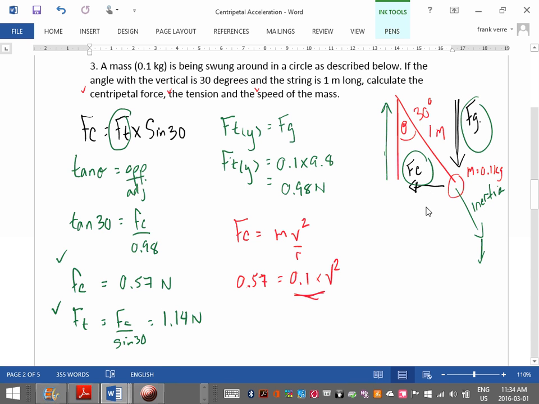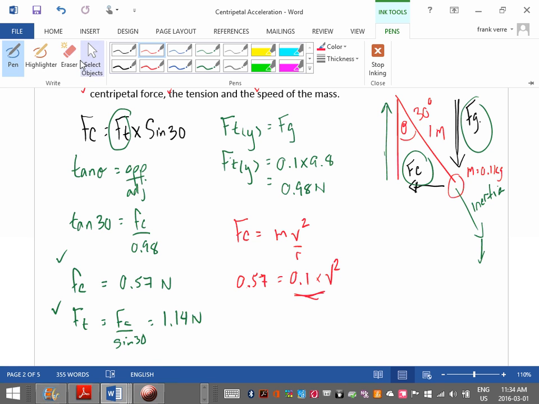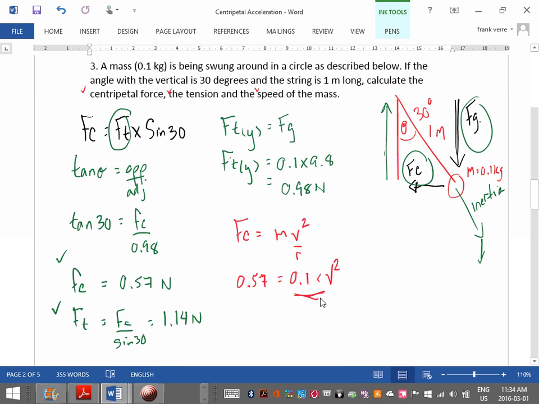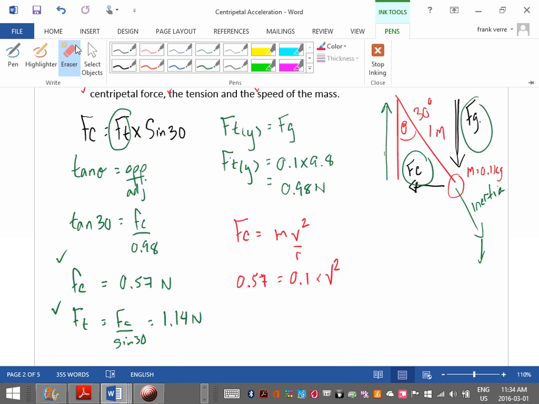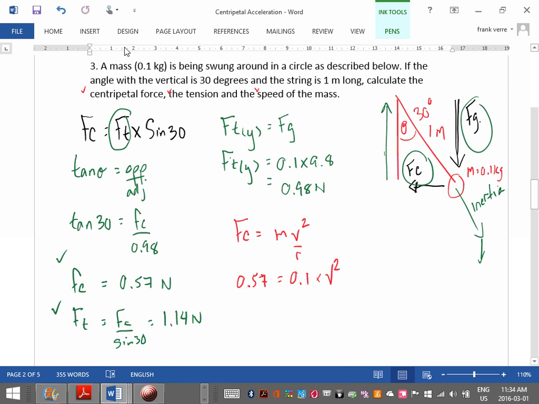So what's this? It's the opposite side. I can't draw a straight line. What is R? It has to be 0.5.